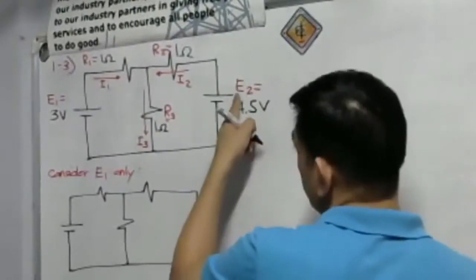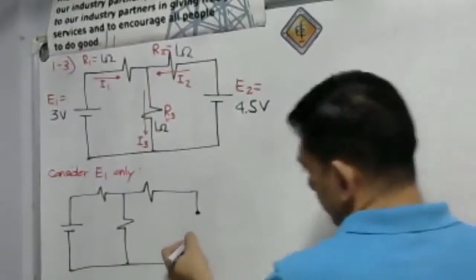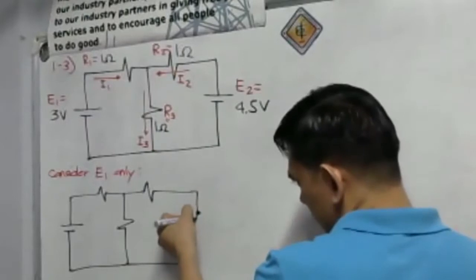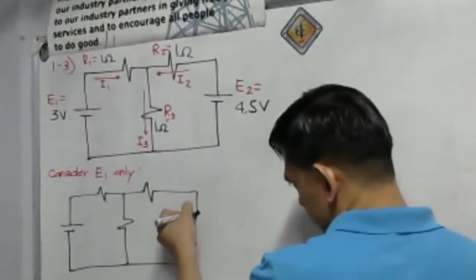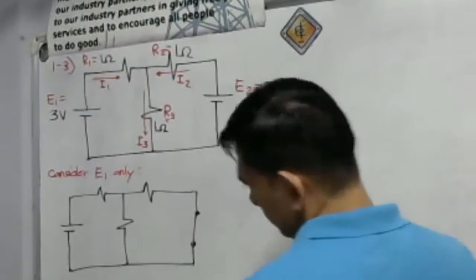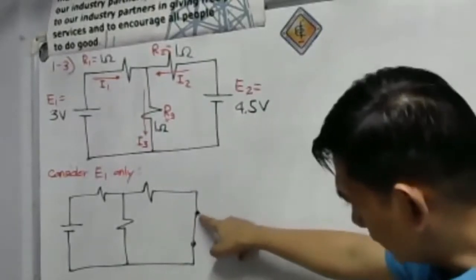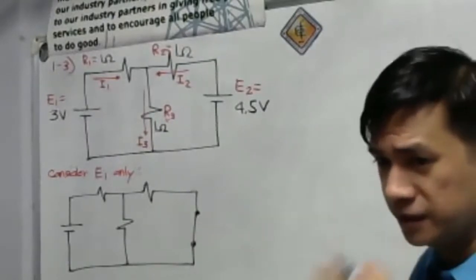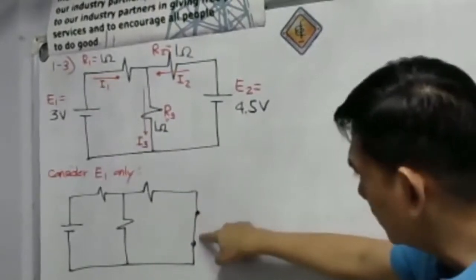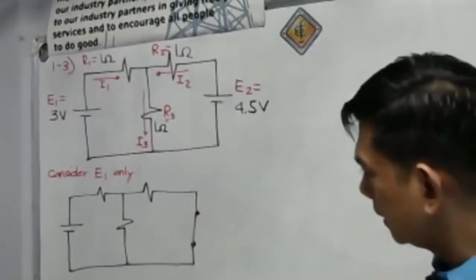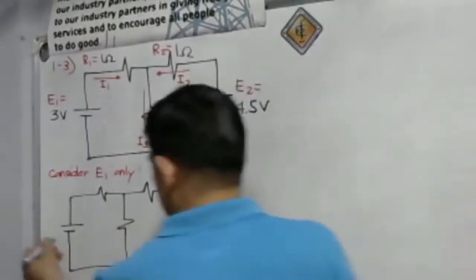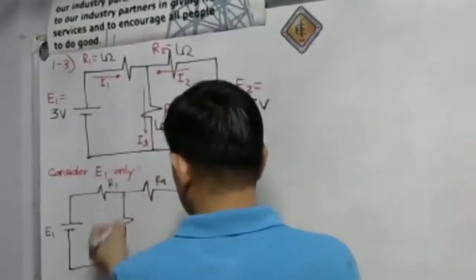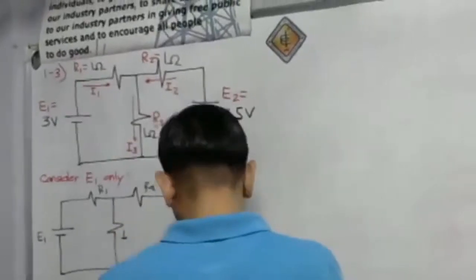You have to remove your 4.5 volt source and short the two terminals. That is the short circuit. Actually, the whole circuit is not short-circuited, it's just that these two terminals are short-circuited. So we have here our E sub 1, R sub 1, R sub 2, and R sub 3.